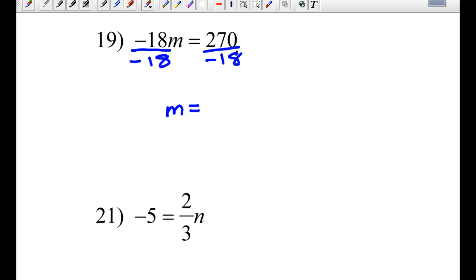When we say x equals, y equals, a equals, b equals, we don't really say the coefficient in front of that, which is a 1. We don't usually say 1m equals something or 1x equals something, but there is a 1 there. That's what our goal is. How do you get 1? How do you get from negative 18 to 1 by dividing? Divided by negative 18, that gives you 1. That's why we divide by the same sign. We're trying to get positive 1.